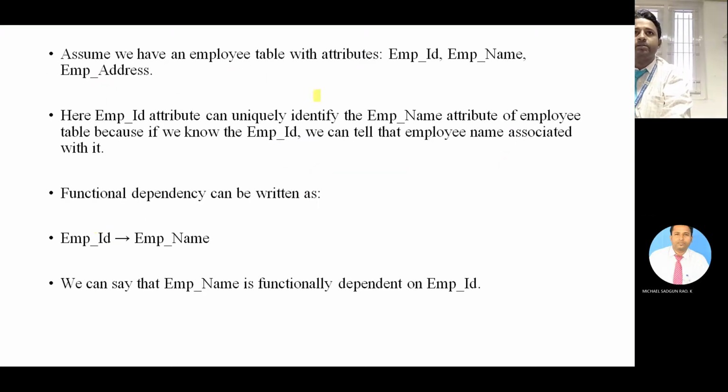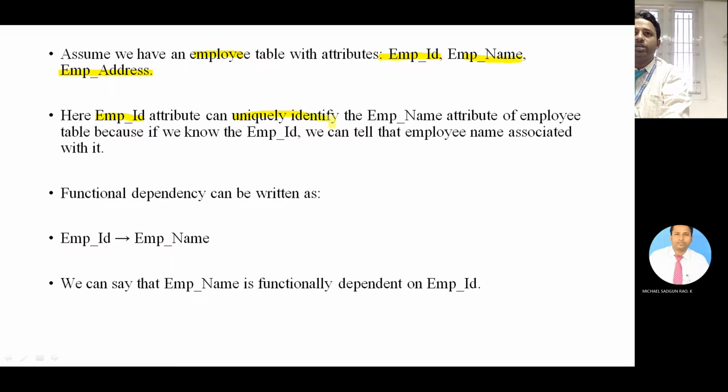Now let's look at one small example. Suppose there is a table with name employee, and employee ID, employee name, employee address are its attributes. Now employee ID can be used to identify any row or record uniquely.